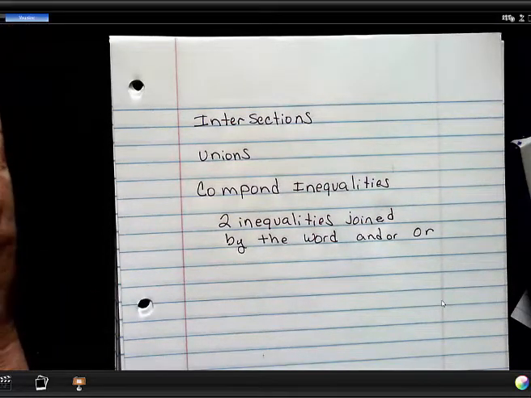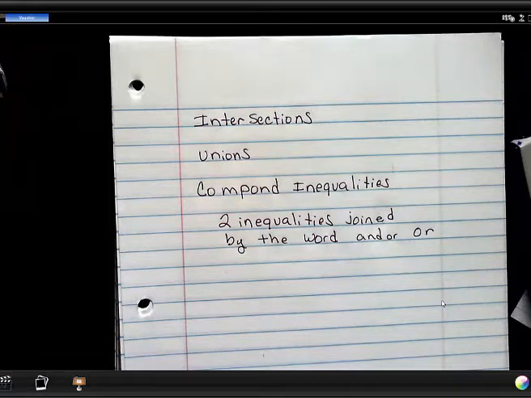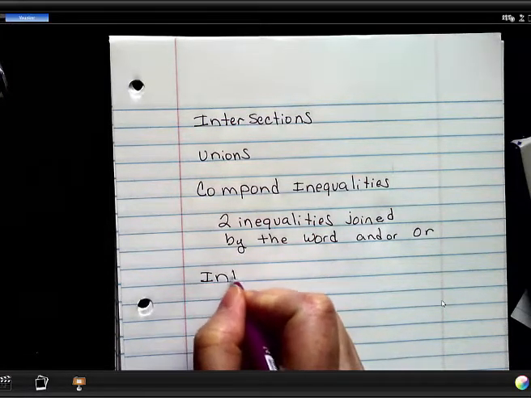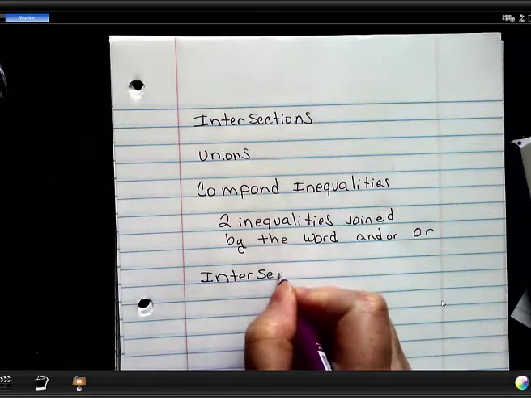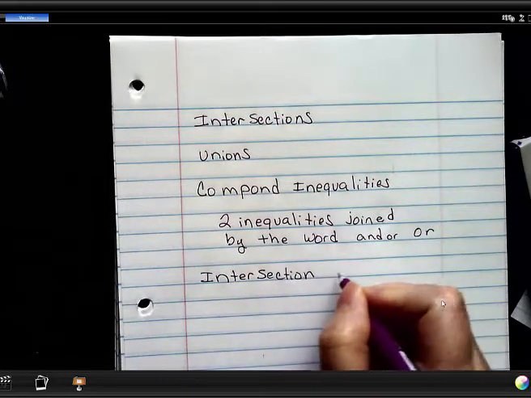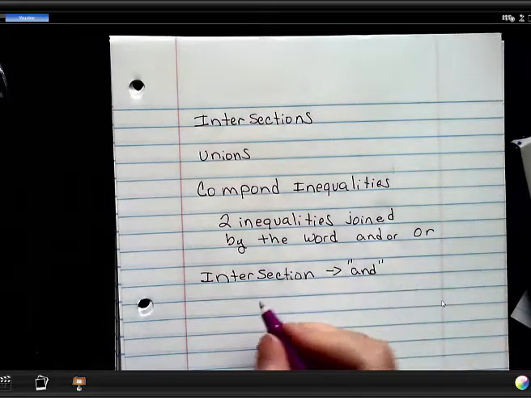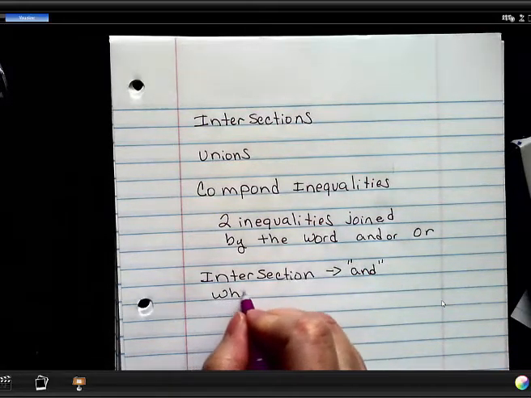Now, an intersection is the word and, and that means what two sets have in common.